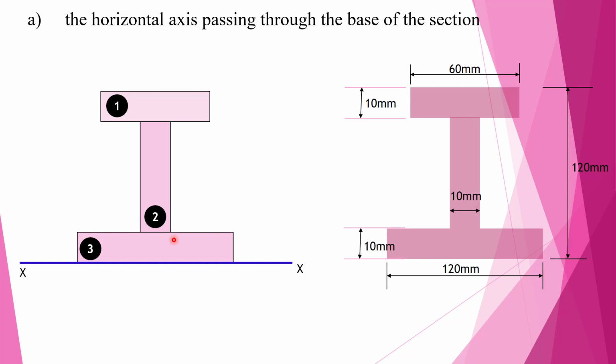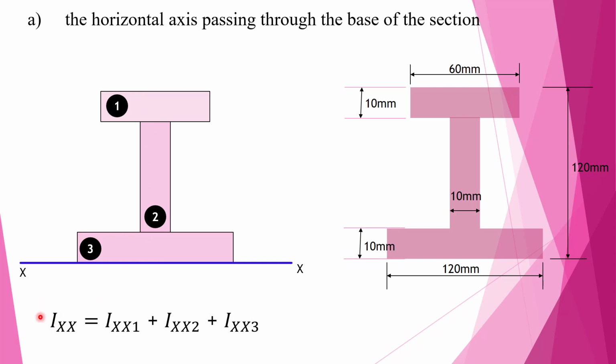Now, how will you find the moment of inertia of this I section about the required reference axis? For that, we need to find the moment of inertia of the first rectangular section about the xx axis. Then we will find the moment of inertia of the second rectangle with respect to the reference xx axis. And then we will find the moment of inertia of the third rectangular section about the reference axis xx. After that, in order to find the moment of inertia of the composite section, we will use this formula.